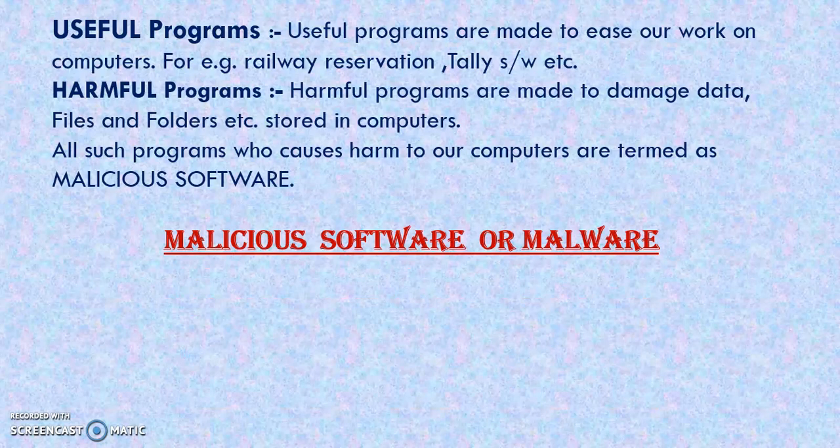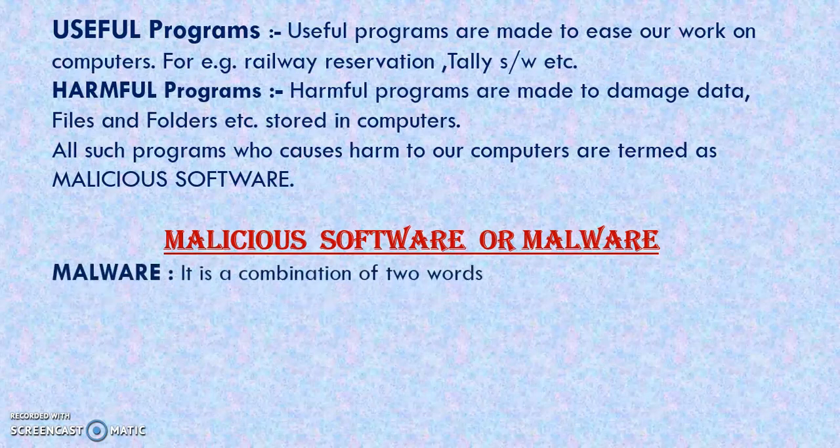software. Malicious software, or we can call it malware. Malware is basically a combination of two words. The first word is malicious and the second one is software. Combining these two words, it becomes malware.